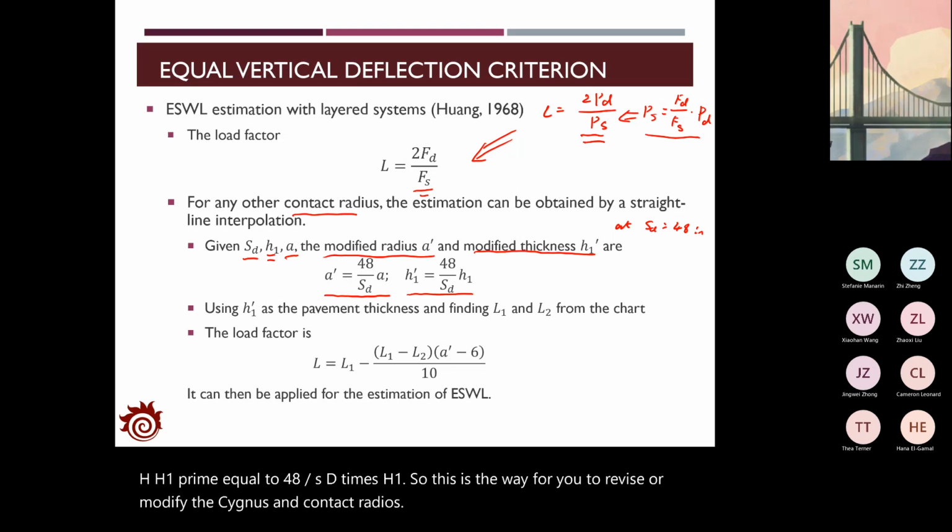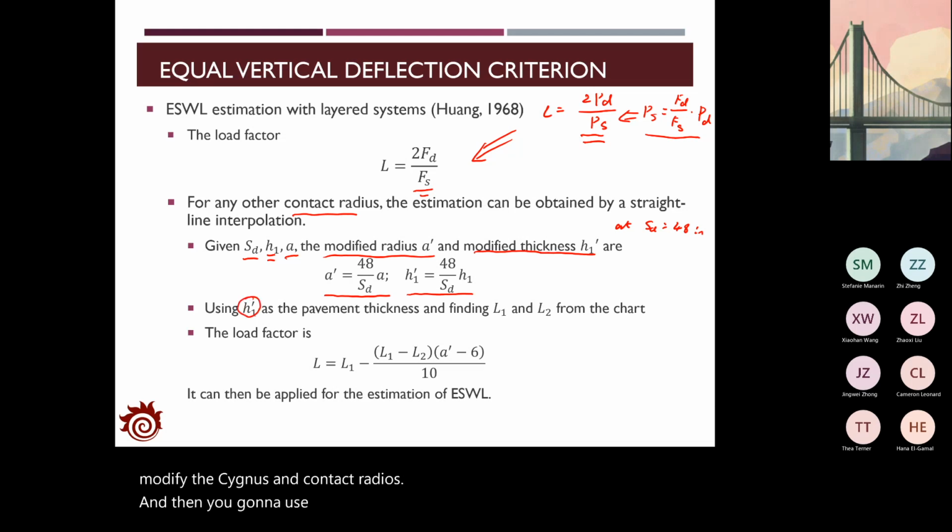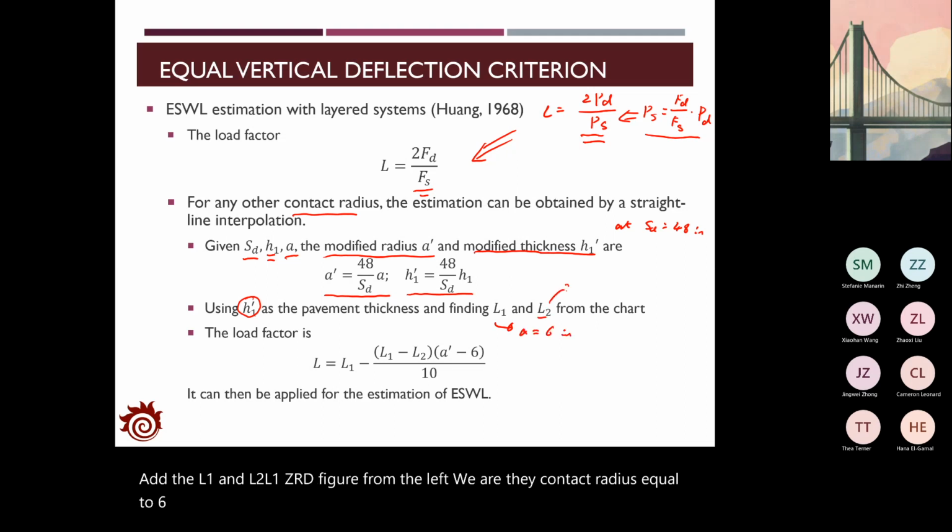Then you use H1 prime as the thickness and find the loading factors L1 and L2. L1 is from the figure on the left, where the contact radius A equals 6 inches, and L2 comes from the figure on the right with the contact radius of 16 inches.